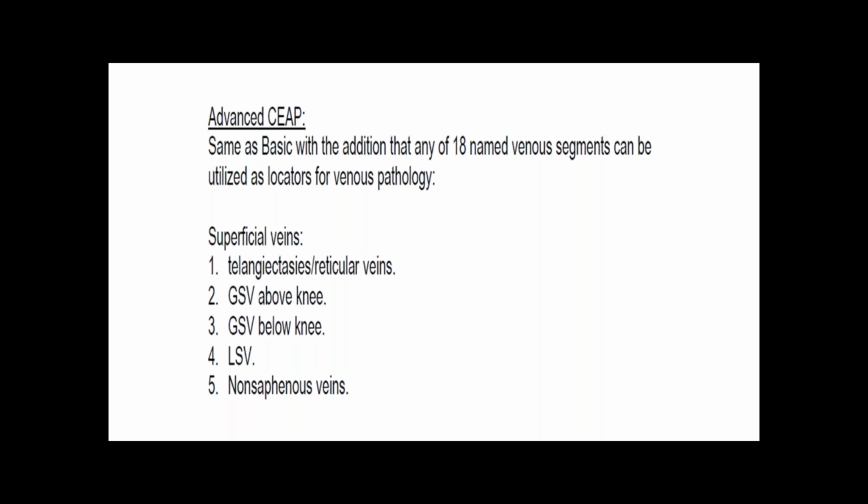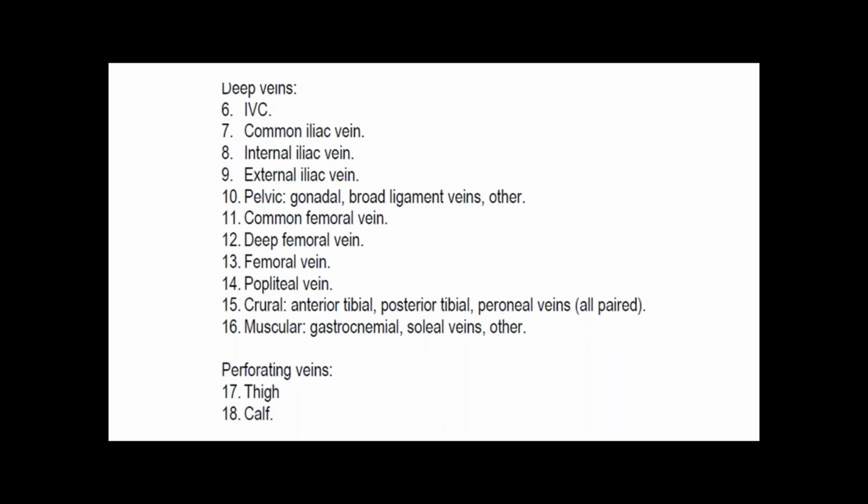In superficial veins, only telangiectasias or reticular veins are involved, or the great saphenous vein above knee, below knee, or the entire long saphenous vein, or non-saphenous veins other than saphenous veins. Likewise deep veins, whether inferior vena cava or common iliac, internal iliac, external iliac, pelvic like gonadal, broad ligament veins.